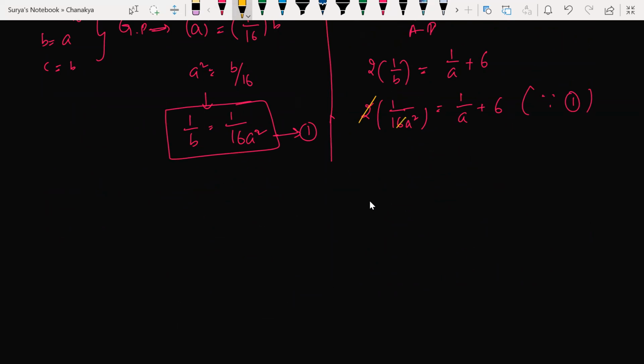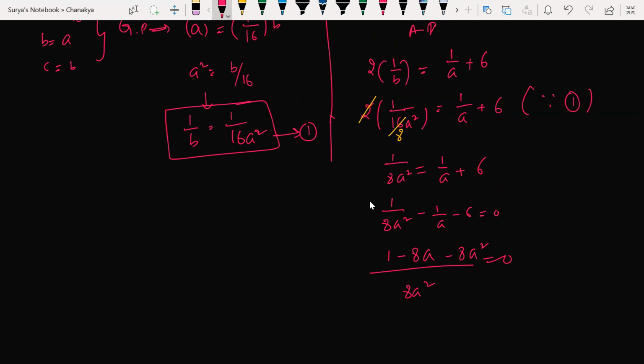Check. So 1/8a square minus 1/a minus 6 is equal to 0. So what is LCM? 8a square is LCM. Right? So 1 minus 8a minus 48a square is equal to 0.